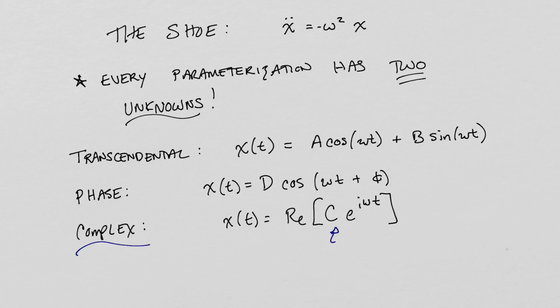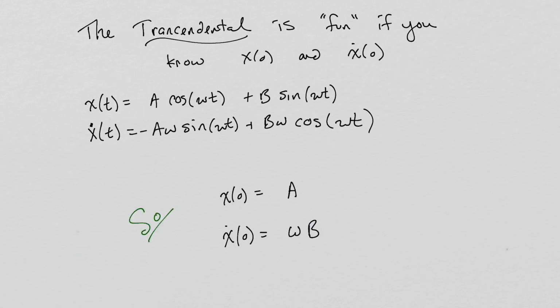Because when e to the i omega t has an imaginary part and c has an imaginary part, we multiply those two things together and we actually get a real part. This is a really useful parameterization. I hope many of you will see it in classes in the future, especially classes like E&M and optics.